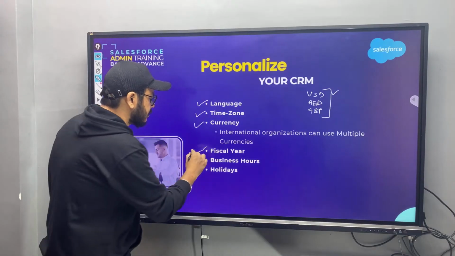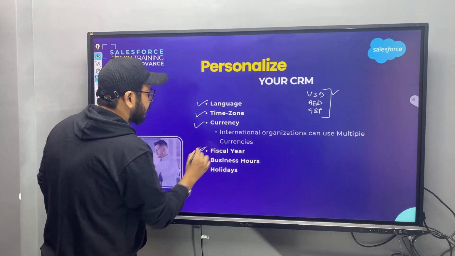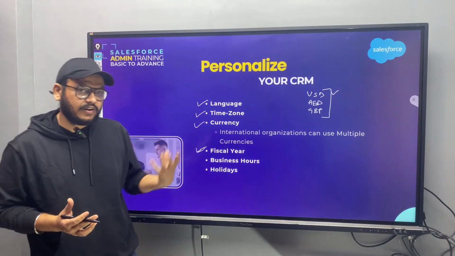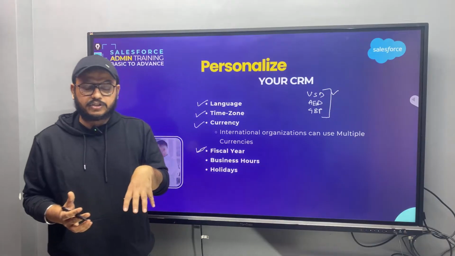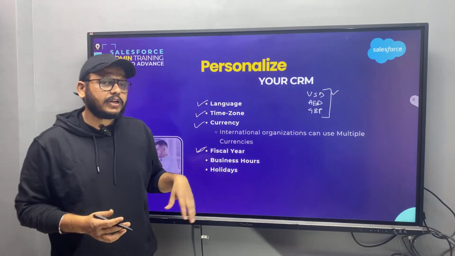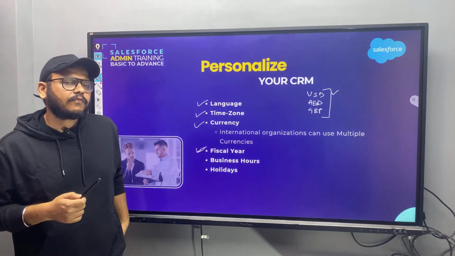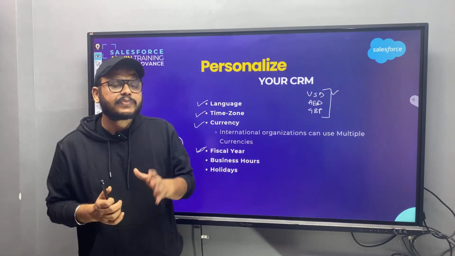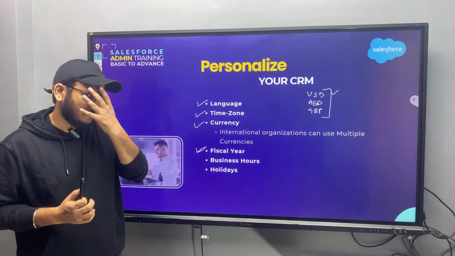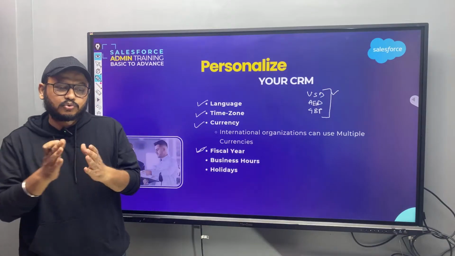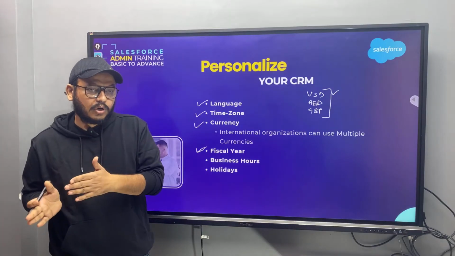So fiscal year is important because most of the Salesforce data has revenue information, and a lot of reporting generally gets done from Salesforce, right? So reporting happens mostly on the financial year. Fiscal year is the financial year. So if you are aware, or if you would have seen, usually companies prefer to do reporting using the fiscal years, fiscal quarters, etc., right?